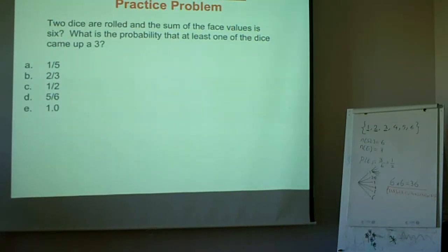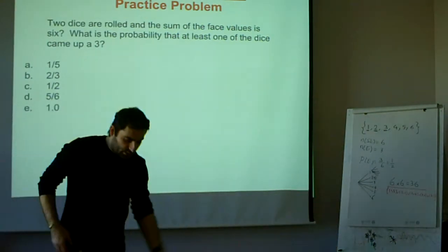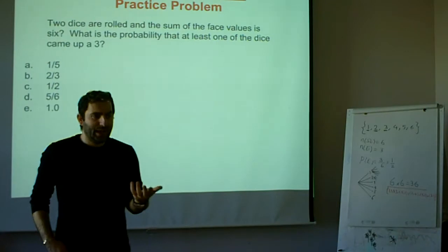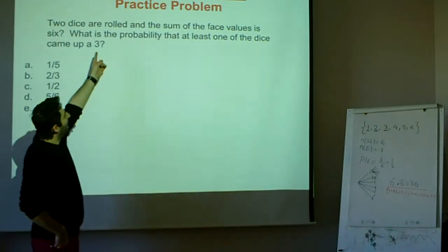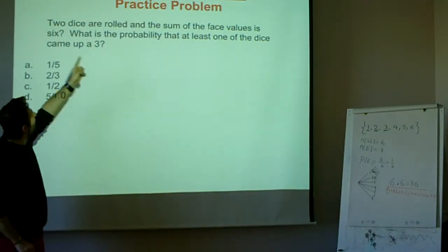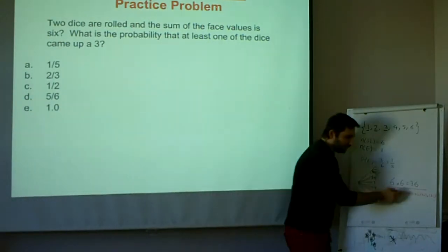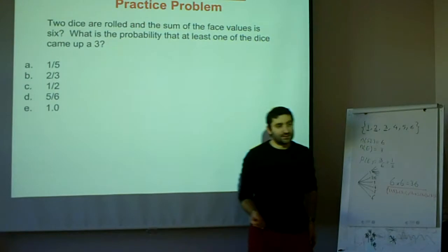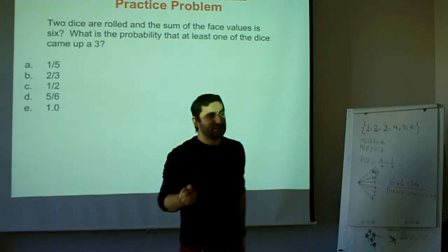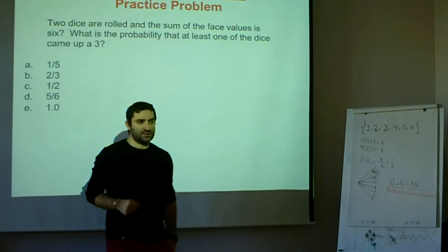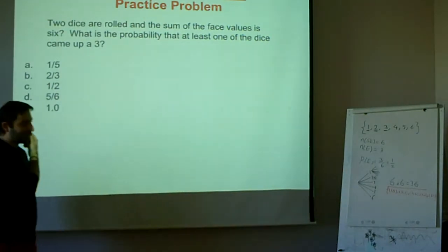Do you all agree? I have 2 dice and I have to roll them, and the sum of the face values is 6. These are the situations where the sum of the faces is 6. Having a 6 on one die is not good, because the other one would have a value and the summation would not be 6. So these are the values that we have.